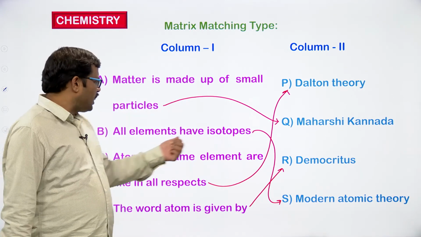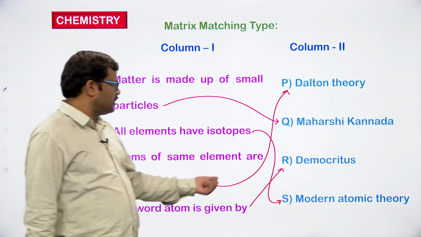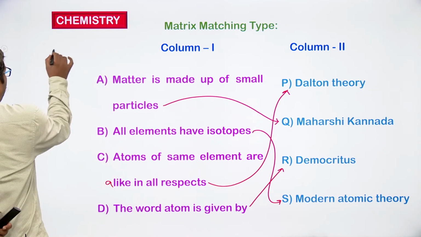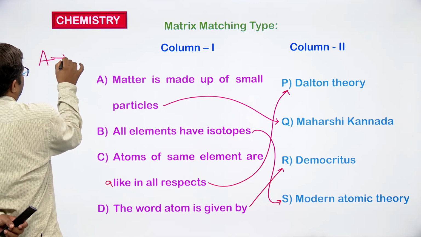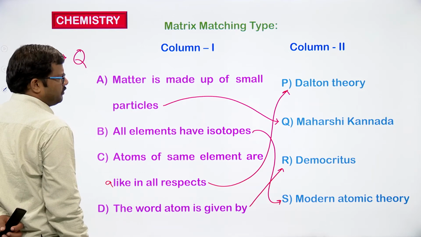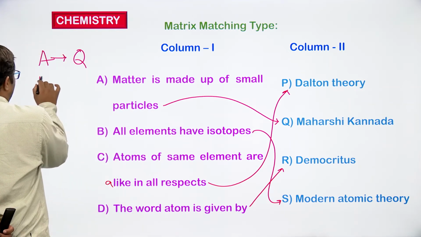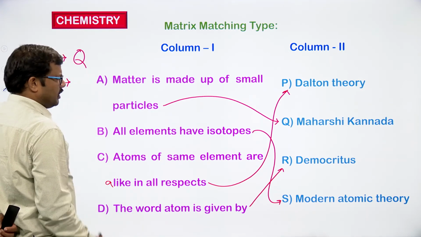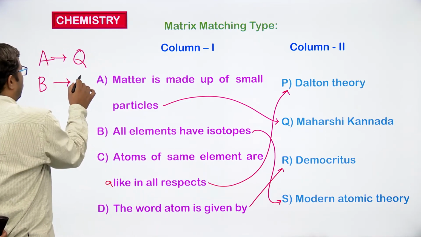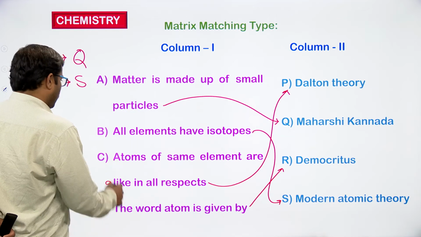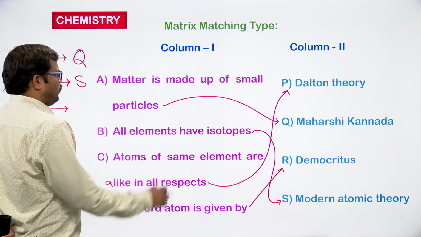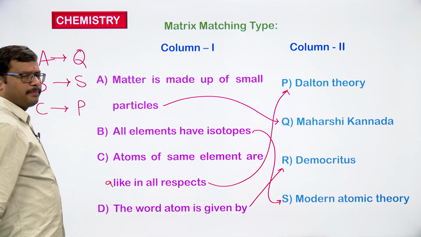So here, A is correlated to Q, that is, matter is made up of small particles, Maharshi Kannada. B in column 1 is correlated to S, all elements have isotopes, modern atomic theory. C, the atoms of an element are alike in all respects, is correlated to P.